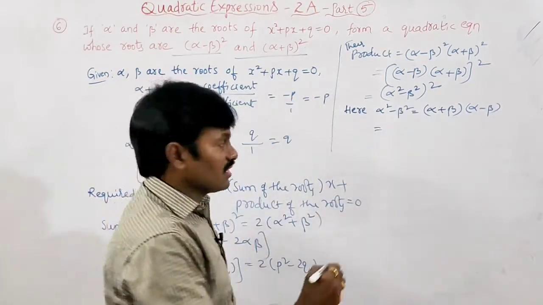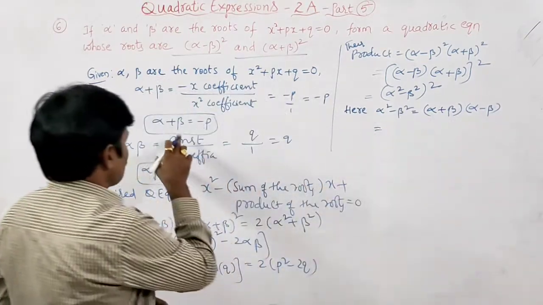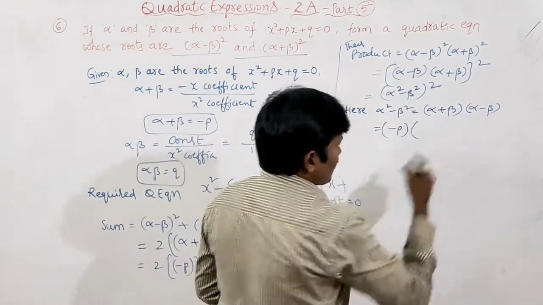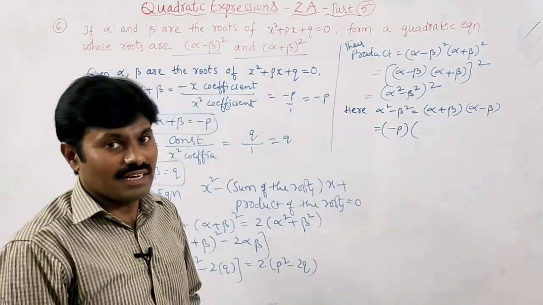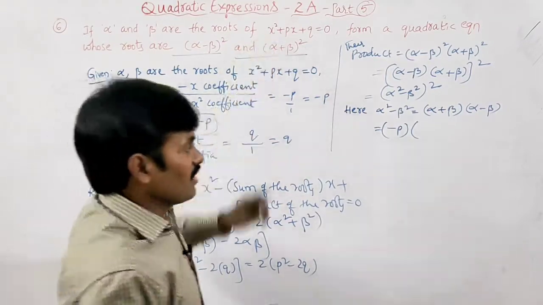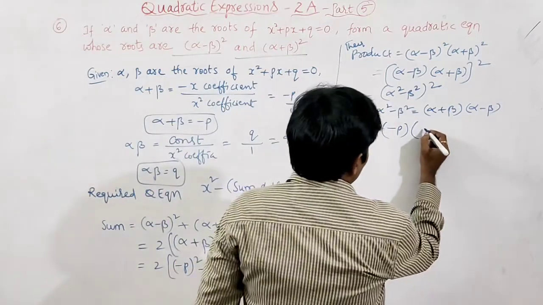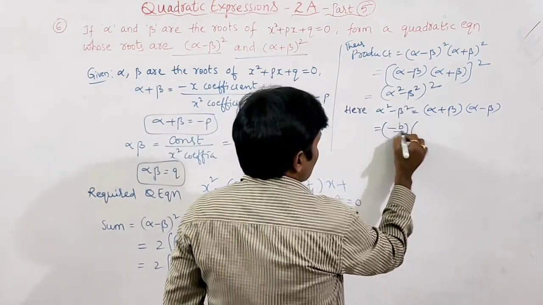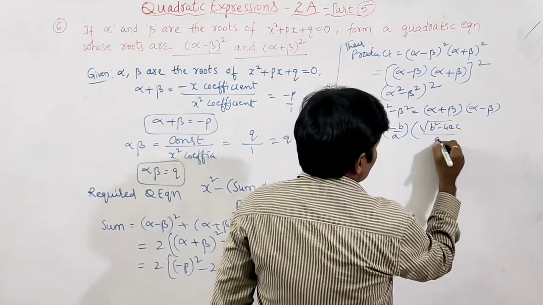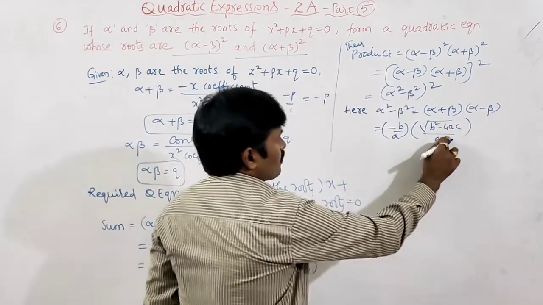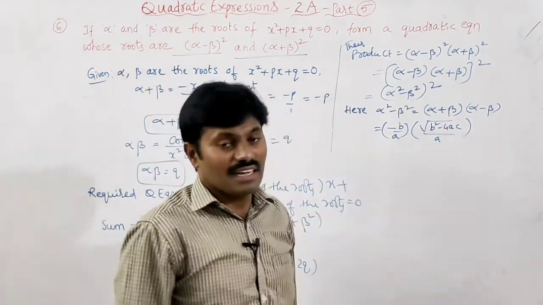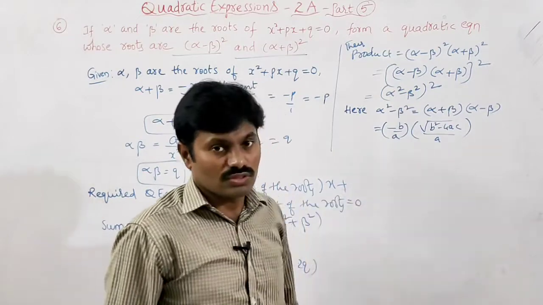As you know, alpha plus beta value is minus p, and alpha minus beta is actually square root of delta by a, and a is 1 here. The difference of roots formula, let me write in terms of a, b only: minus b by a into square root of b square minus 4ac by a. So the square root of b square minus 4ac by a is the difference between the two roots.